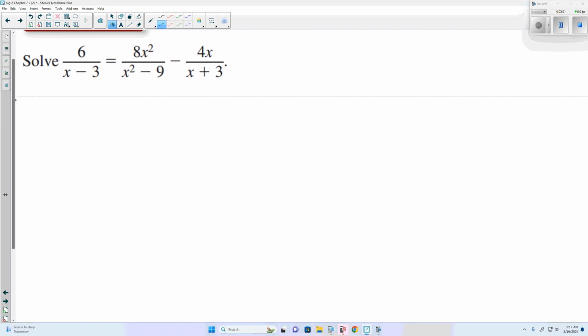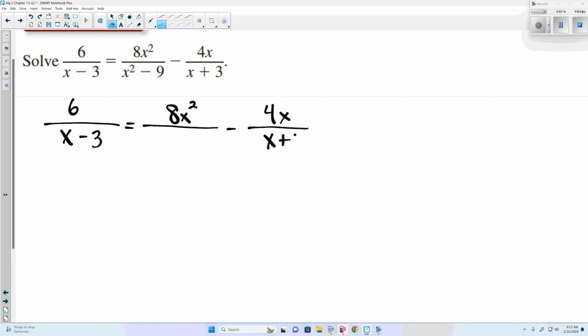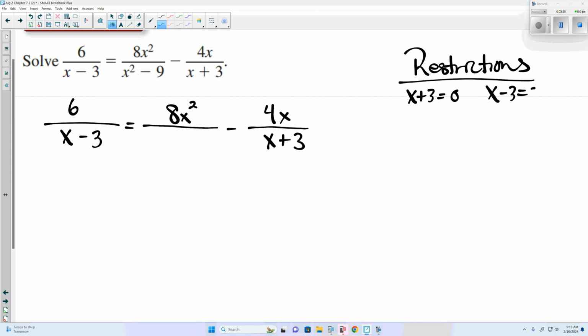Because if we look at this next one here, we have 2 spots where we could have restrictions. x plus 3 and x minus 3.